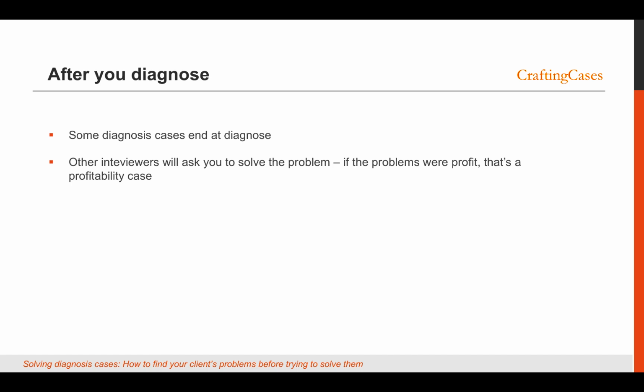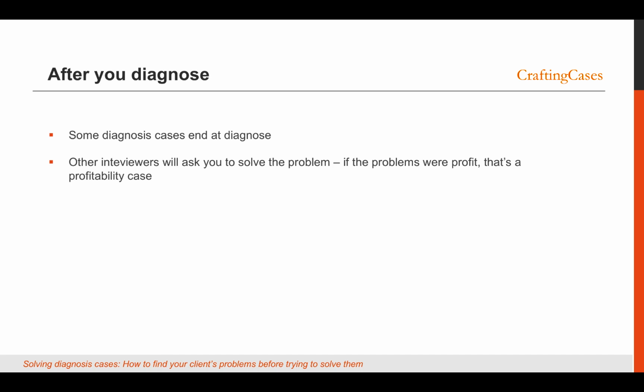But let's say if the symptom was on market share, it could be an increasing market share case. It doesn't matter. But basically you found the root of the problem, and some interviewers will ask you to solve this problem. And to do that, you should use the techniques that we teach on profitability cases. They work for other metrics as well. It doesn't have to be profits.